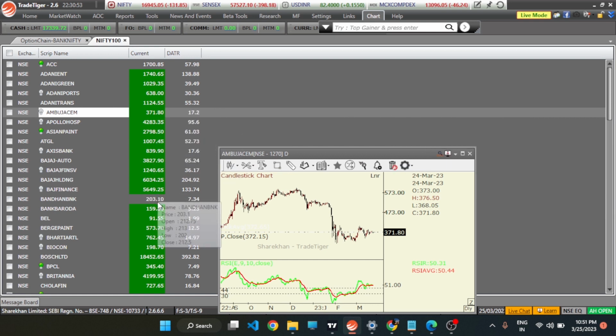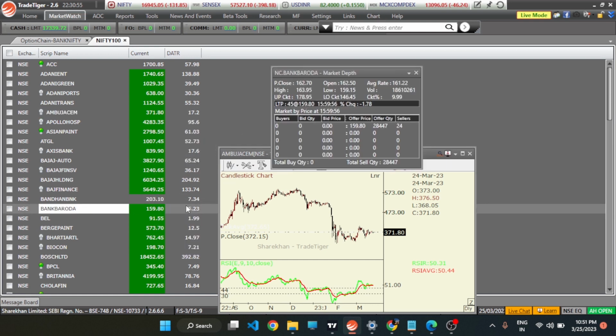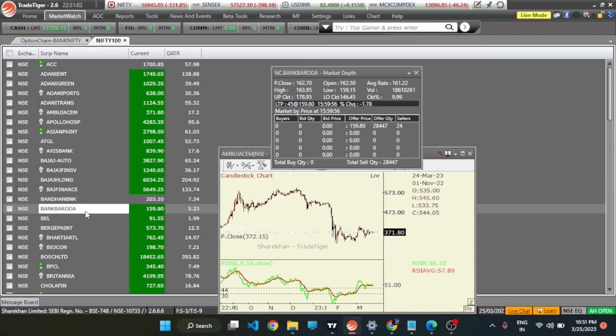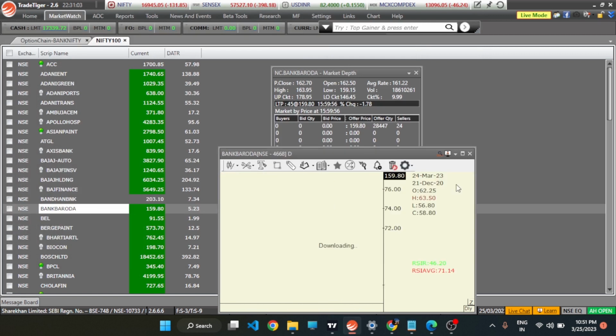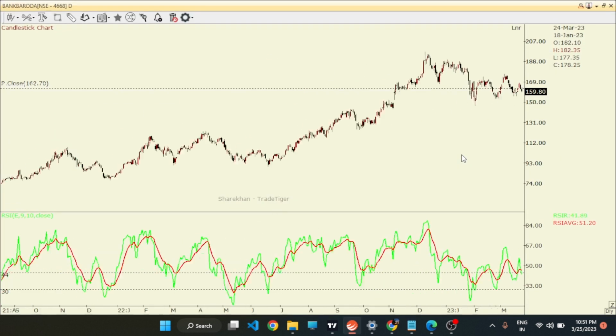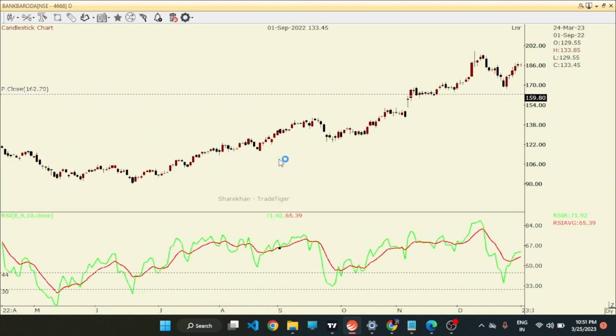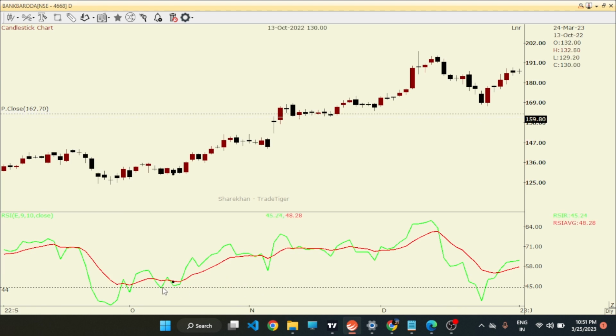Another chart, as you can see, Bank Baroda 159. Our criteria says it should be greater than 150, so we can take this trade. From here this crossover is above the 44 range.